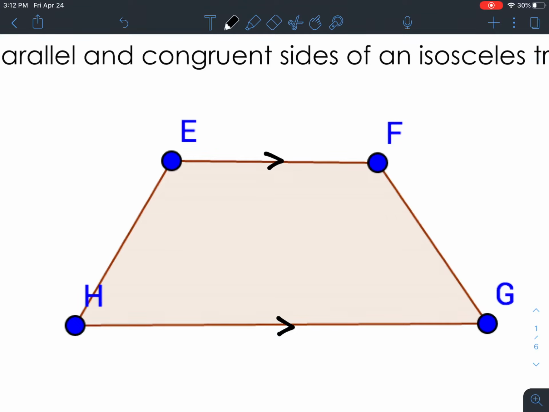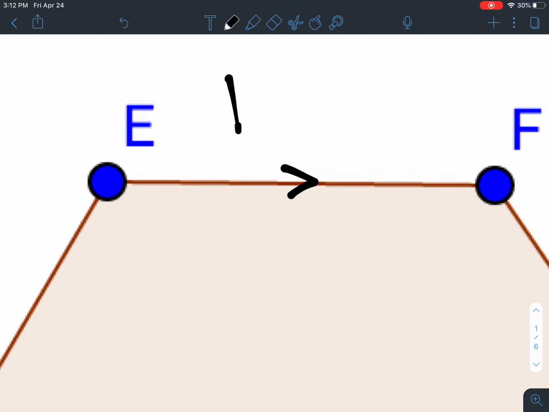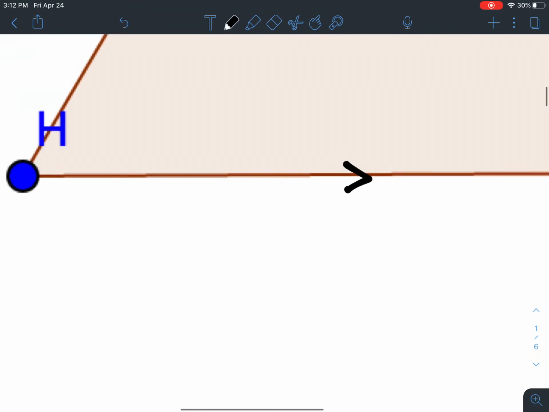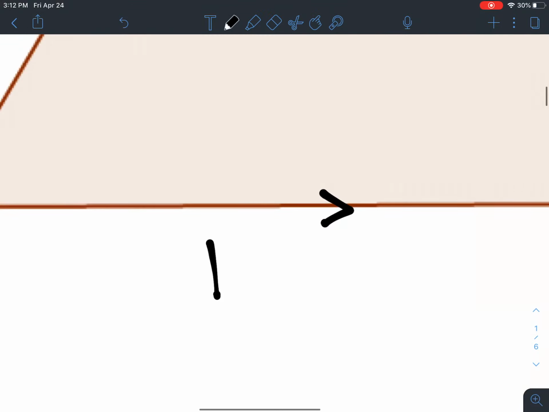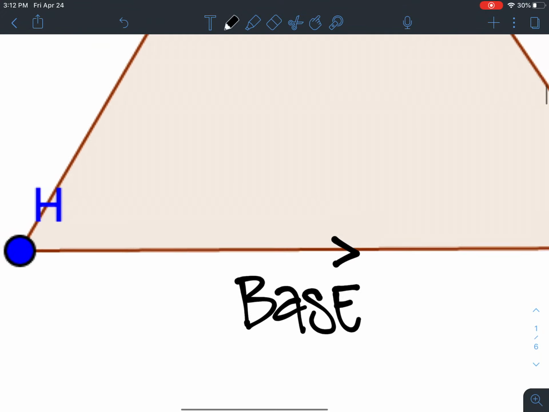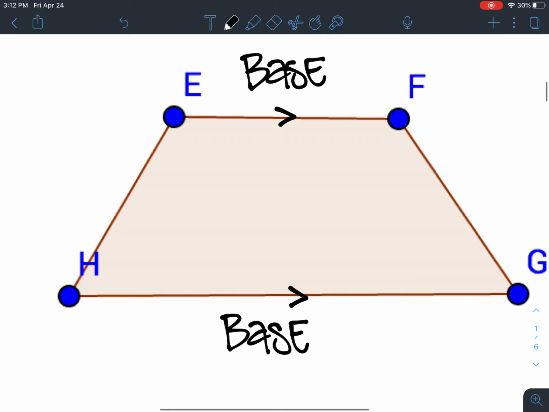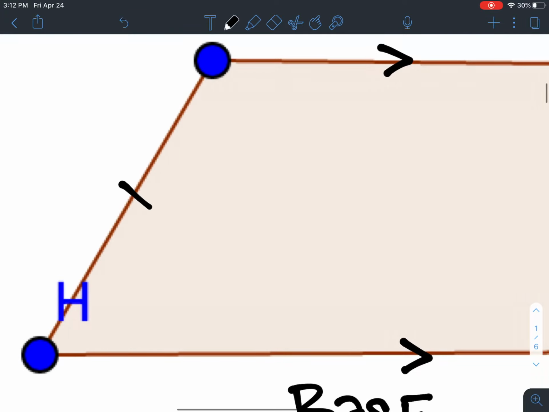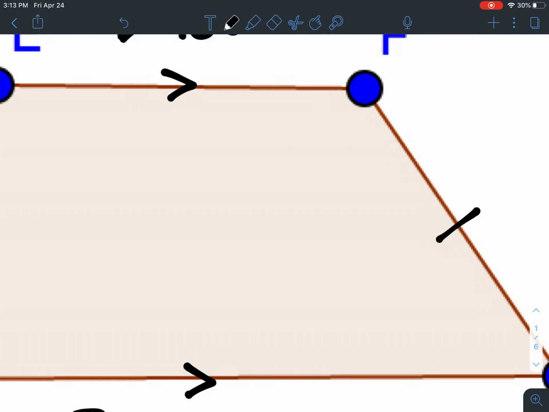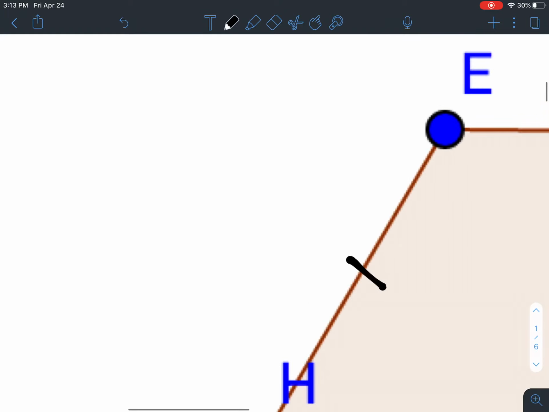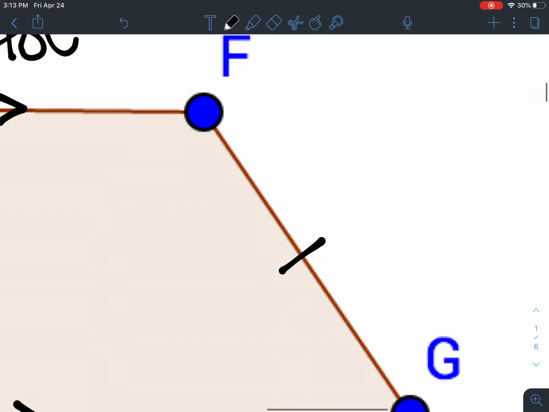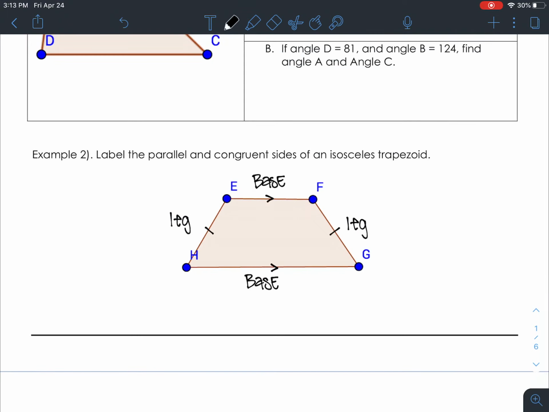I'm giving that to you, which means that EF is a base and HG is also a base. Which means that EH and FG, if it's an isosceles trapezoid, have to be congruent, and then these two are obviously your legs. So just a quick recap of the vocab that we just talked about.